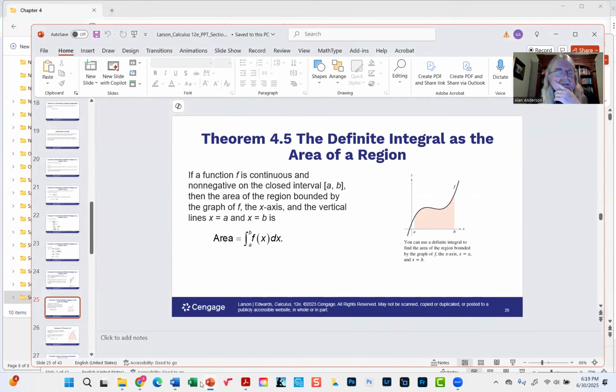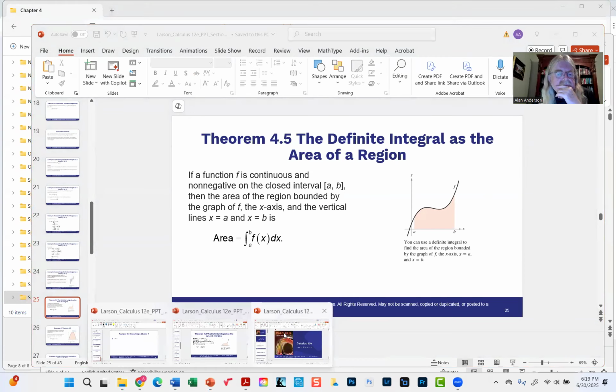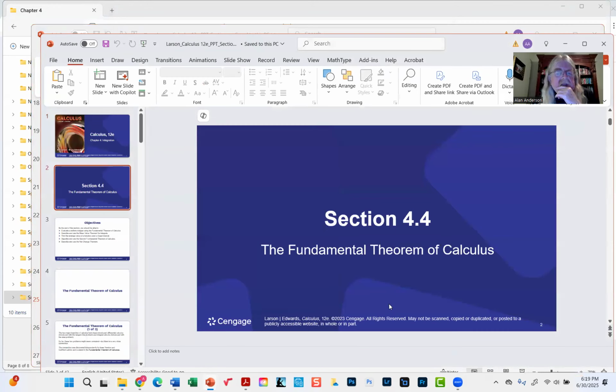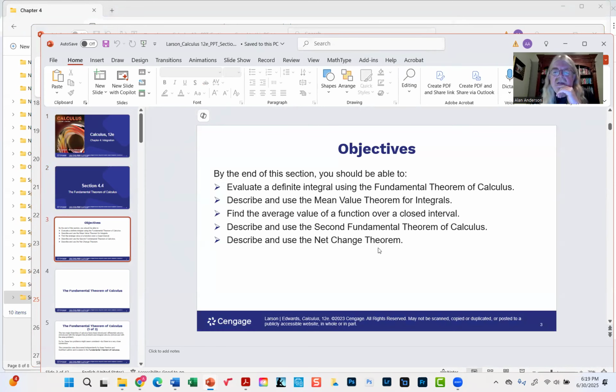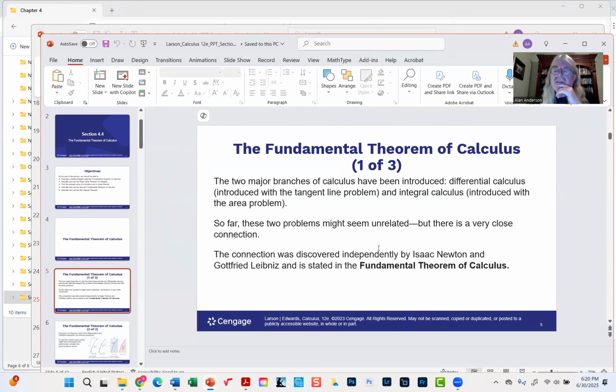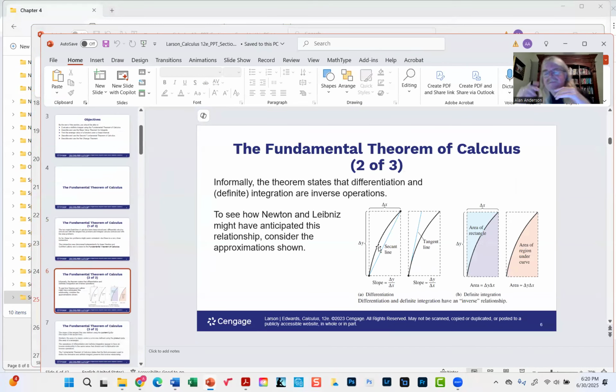Wow, it's taking its sweet time, that's for sure. The fundamental theorem of calculus. We can tell this is important because of the name. But again, this ties in directly with what we're doing here. It formally defines the meaning of definite integrals.